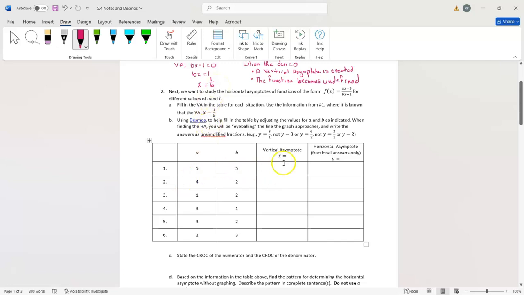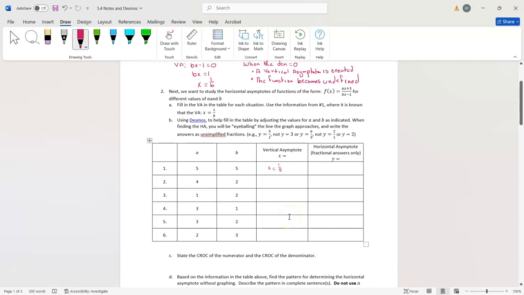For the first one, I know the b value is 5, so my vertical asymptote would be x equals 1 over 5. You will continue on to fill in the rest of those vertical asymptotes.